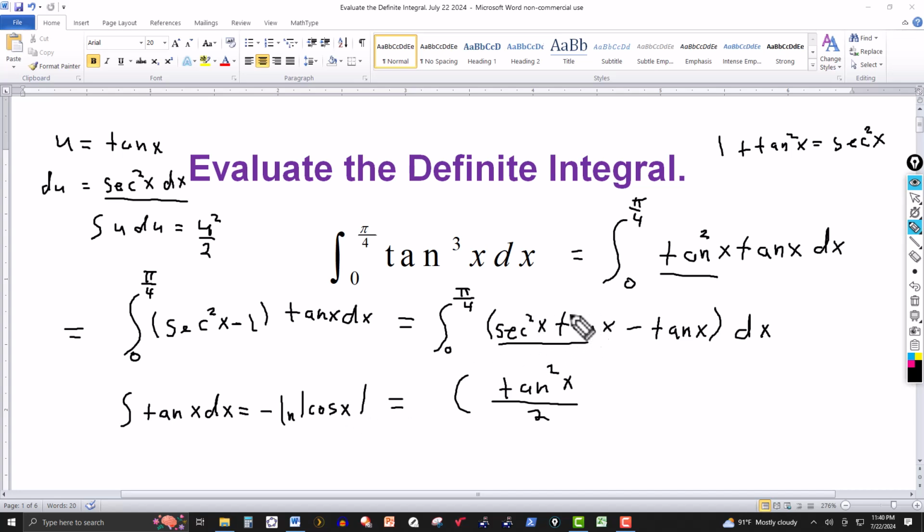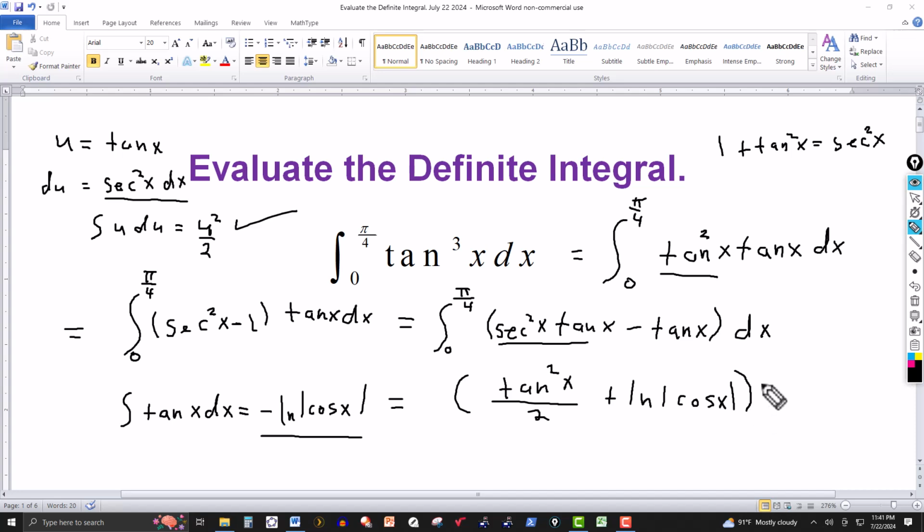So the integral of tangent of x is right here, but then you go down to the minus here, so the double negative makes it a plus natural log of absolute cosine of x.